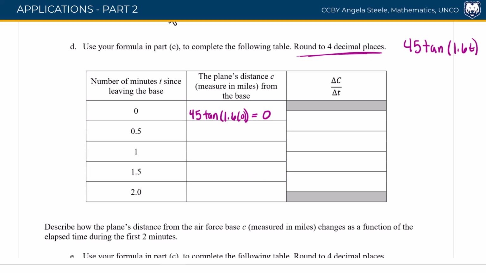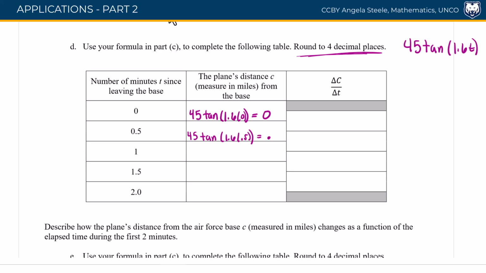Next, we're going to do 45 times tangent of 1.6 multiplied by 0.5. Okay, so your calculator should be able to handle that. If you have one that doesn't, make sure you take 1.6, multiply it by 0.5 first, and then do 45 tangent of that value.